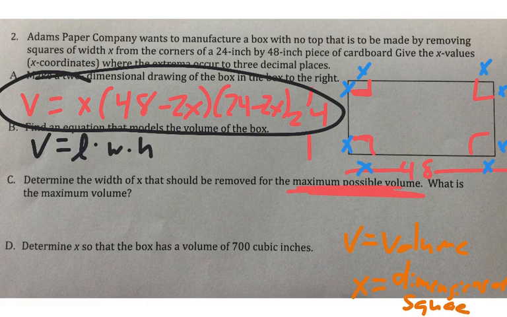X times 48 minus 2x times 24 minus 2x. That's what I'm wanting to graph. Okay, if I graph that, that looks like it's not giving me a lot of help. So what do you think we need to work on? I think we need to work on the window.